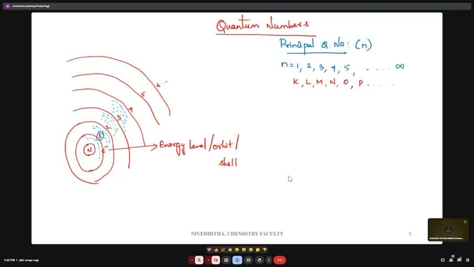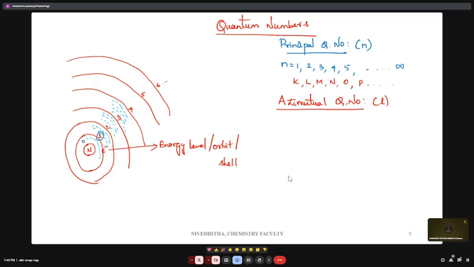Now I'm going to give numbers to these subshells, and those numbers are called the azimuthal quantum number. See, in the first shell, I have only one subshell, and the number I'm going to give to this subshell is 0.